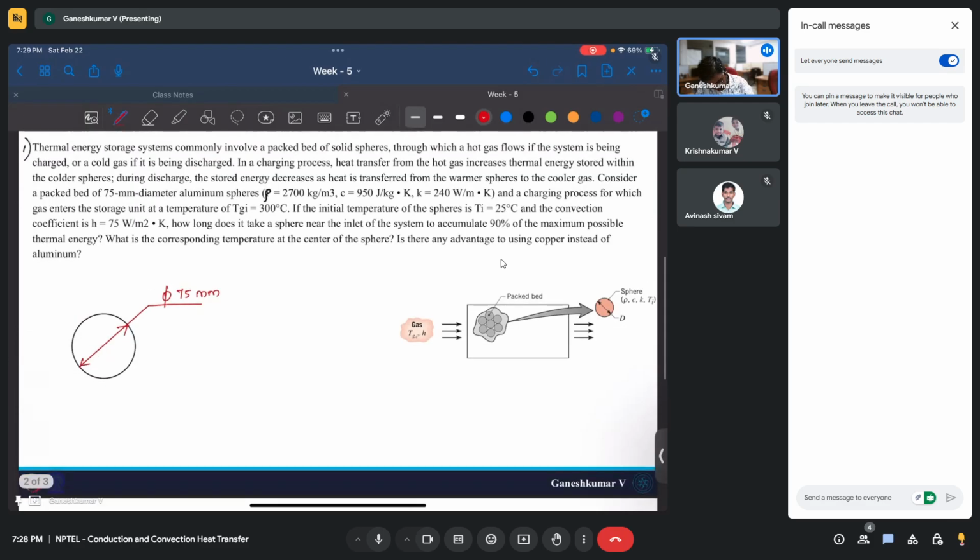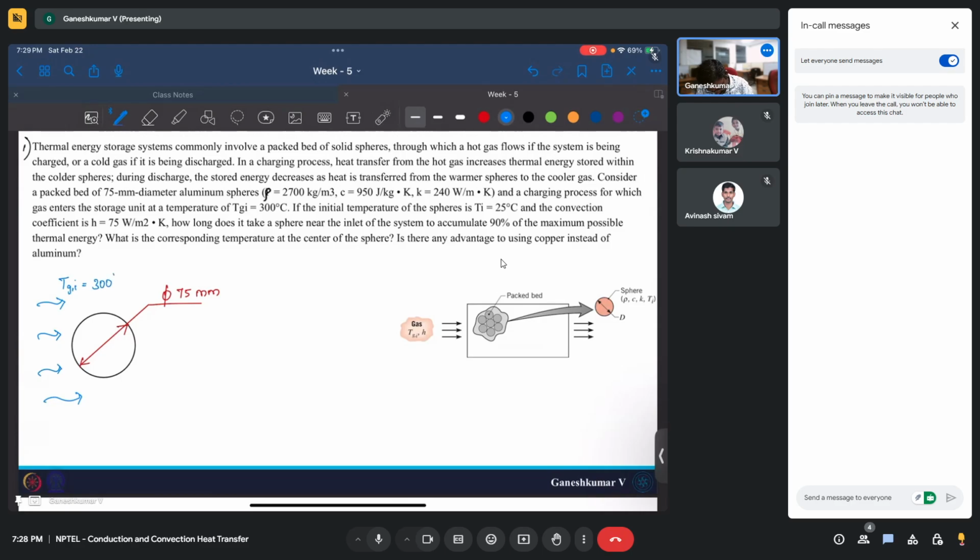You have gases that are going to flow over this, which is going to be at T_g,i, which is 300 degrees Celsius, and the sphere is at 25 degrees Celsius.